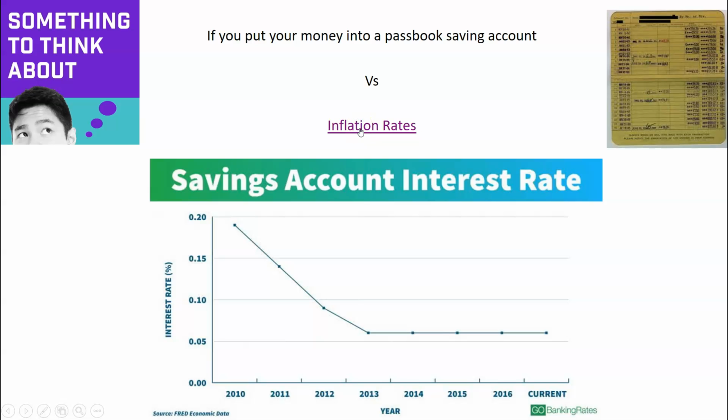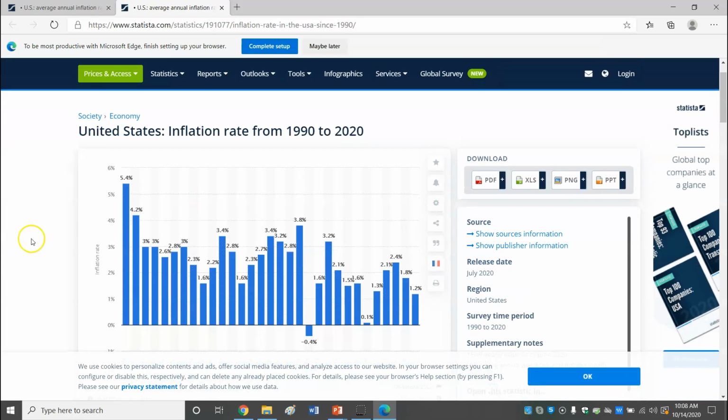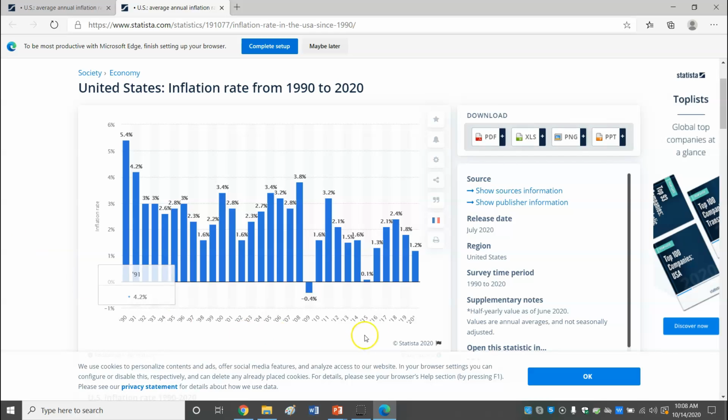Okay, so let's go back to those historic inflation rates. If you take a look here, here's 2016 right here. In 2016, the inflation rate was 1.3%. Remember that passbook rate? 0.05%. I mean, inflation was almost 3 times as much as what the interest was in that book.